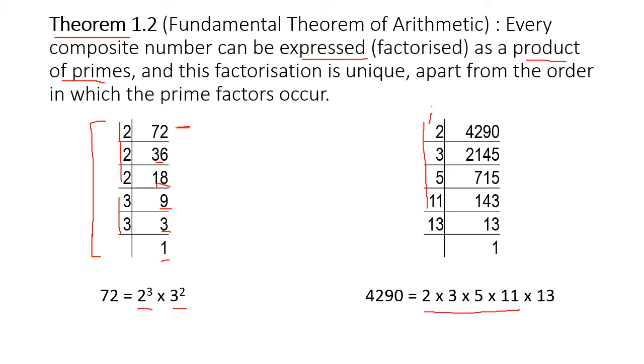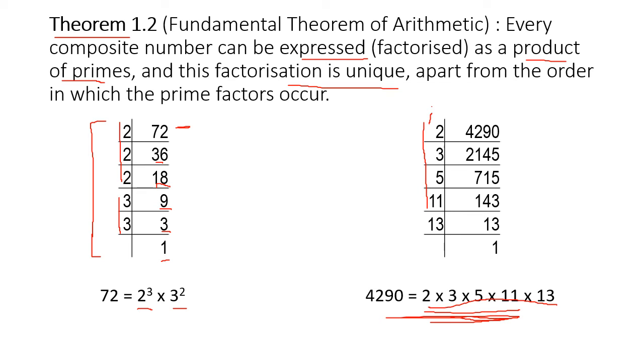Yes? You can change the order. You can write here 2 into 5 into 3 into 13 into 11, but the factors will always remain the same. That is why it is said the factorization is unique. You cannot break this number into any other prime numbers. For example, here the prime numbers are 2, 3, 5, 11 and 13.